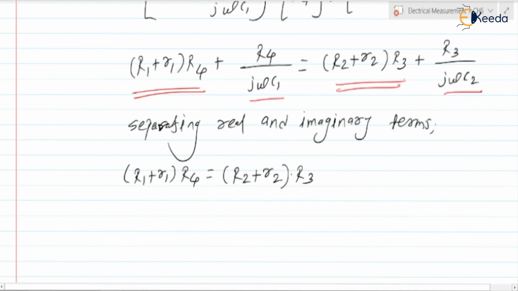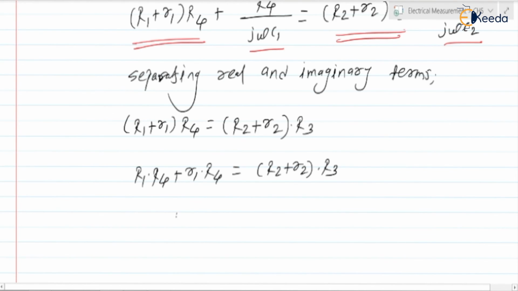So from this we can write small r1 directly. It is like r1 into R4 is equal to r2 into R3.